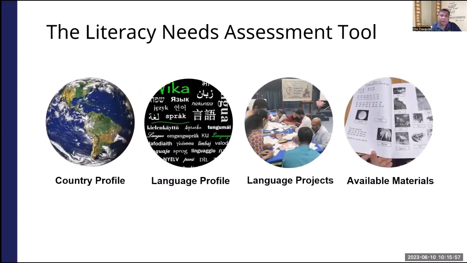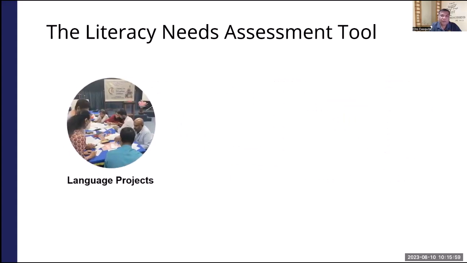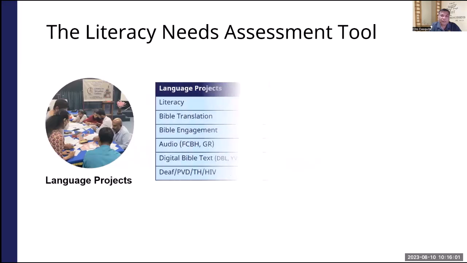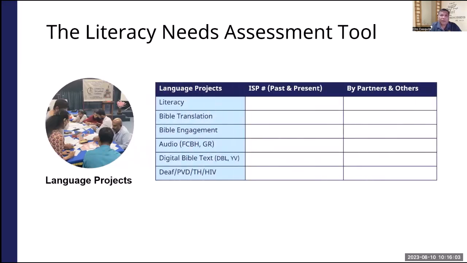And we also ask for information about the different projects in the language in terms of different domains. So we have literacy, Bible translation, Bible engagement, audio projects, digital Bible text, as well as special projects, including HIV and trauma healing.